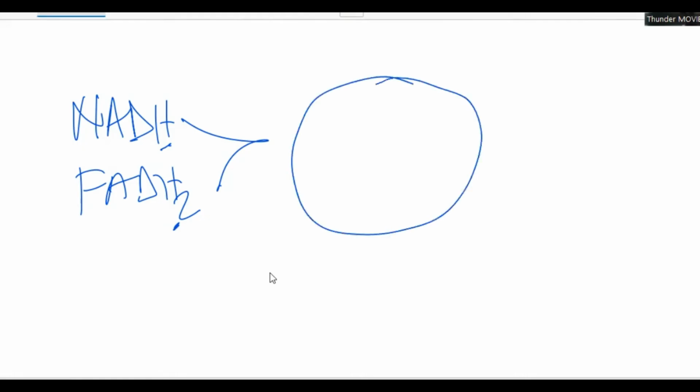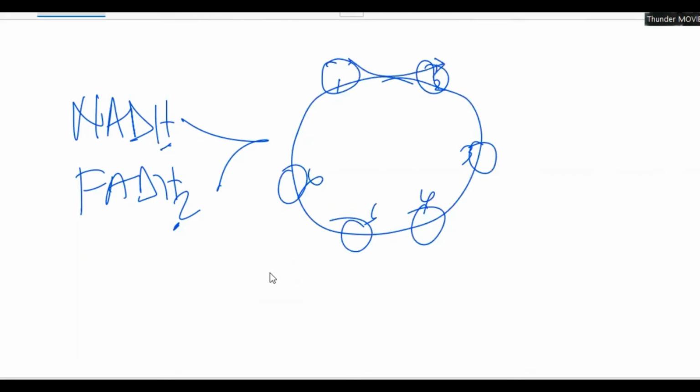Now, when it enters there, it undergoes a chain of reactions whereby there is electron transfer. For example, if all these are hydrogen acceptors, 1, 2, 3, 4, 5, 6, let me show you what happens. This hydrogen acceptor gives it to the next one, and as it moves from 1 to 2, energy is released.